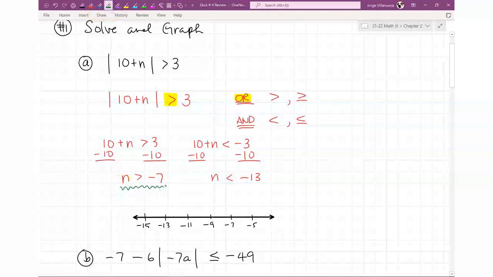Remember, greater than means it's an open circle at negative 7, and since the inequality is pointing to the right, I'm going to go to the right. The other one, n is less than negative 13, so I'm going to go to negative 13 and put an open circle right there, and then go to the left.